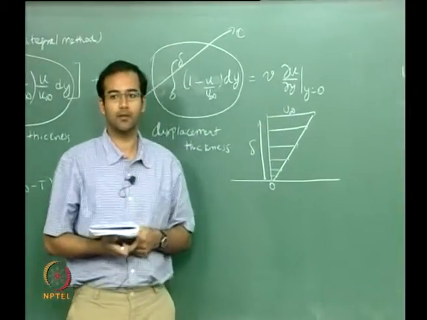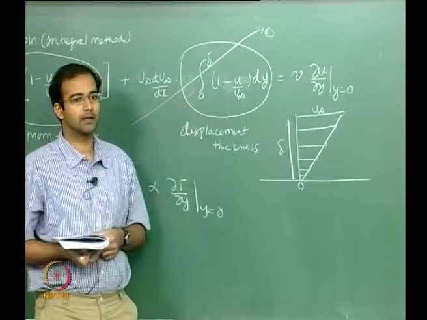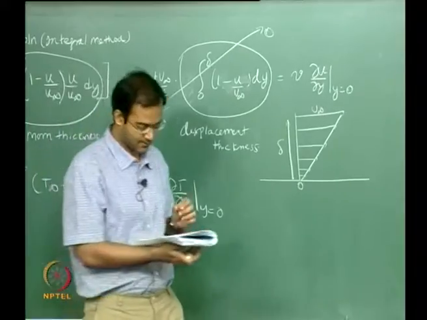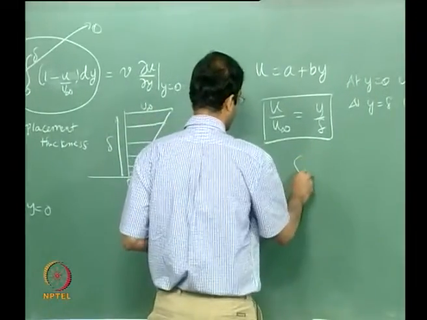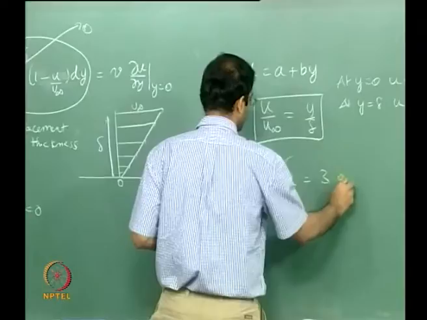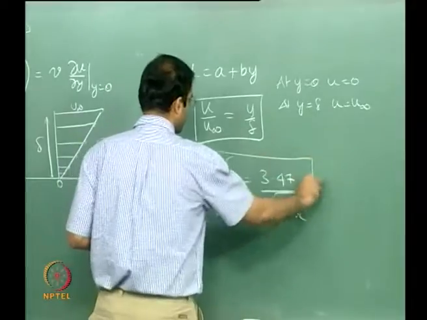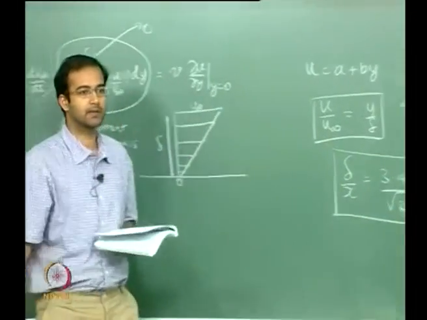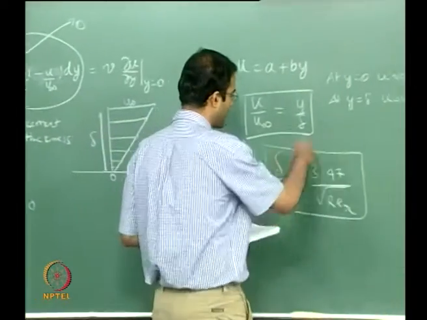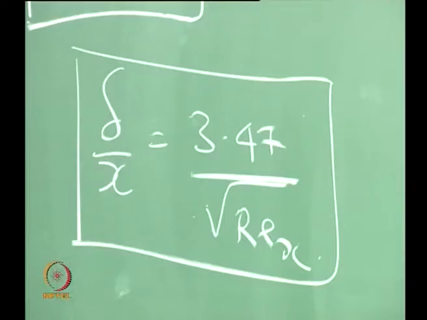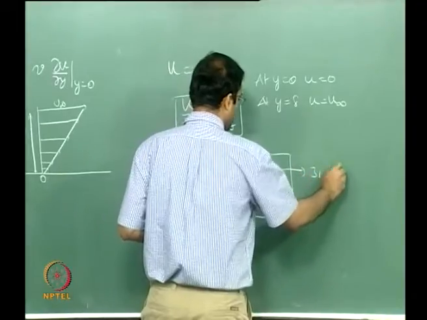But even in spite of this big assumption, when you substitute this into the momentum integral and determine an expression for delta, we got delta by x equal to 3.47 by square root of Rex. Compare this to the Blasius solution where delta by x is 5 by square root of Rex. Still, this is a reasonable way to get started, to get an order of magnitude of the boundary layer thickness. This is about 31% less than the exact solution.